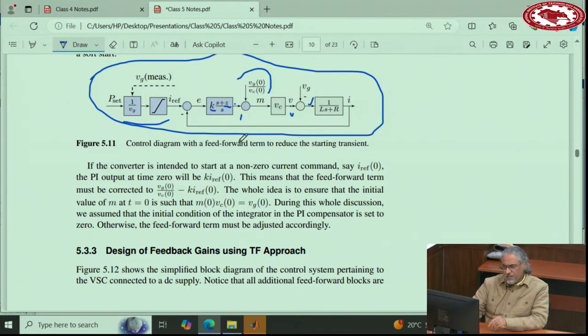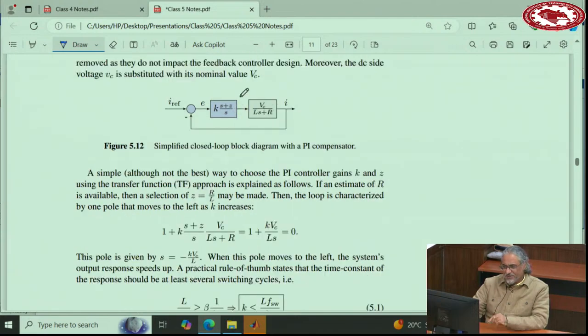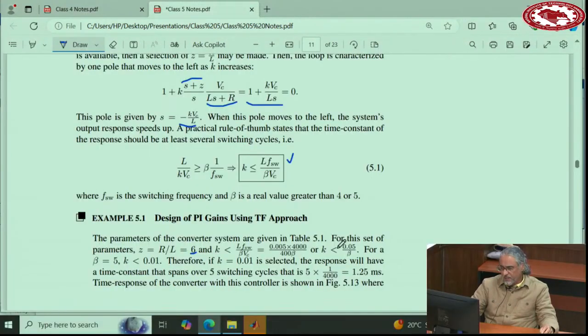So the advantage of this: if you cancel this one with this one, then for 4 or 5, something like that, for 5, for instance, K will be 0.01. This is probably the fastest response you can get from this converter. If you go with that, the response will have a time constant of 5 switching cycles, which is 1.25 milliseconds.